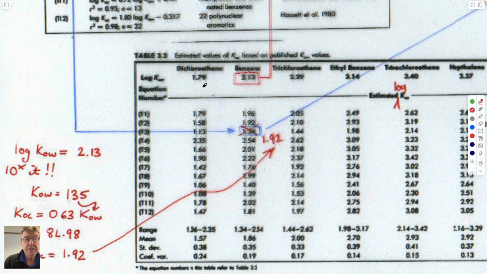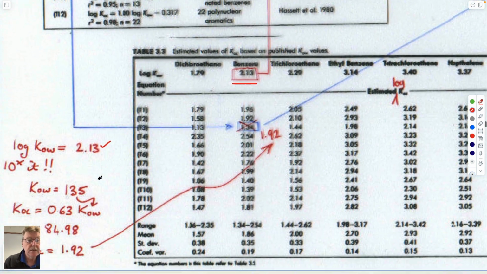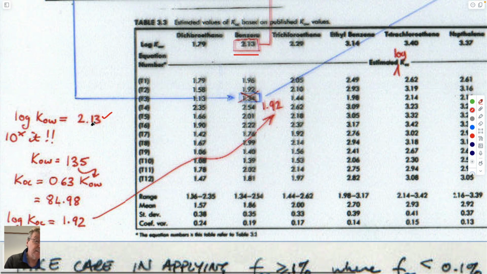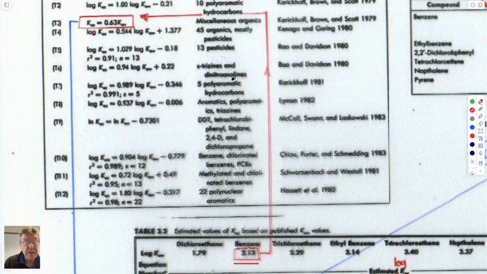So this is log KOW for benzene, which is this. If we have the log, we have to take 10 to the x of it. And so this will be somewhere between 100 and 1,000, right? So 10 to the 2.13 is equal to 135, which is what this is.